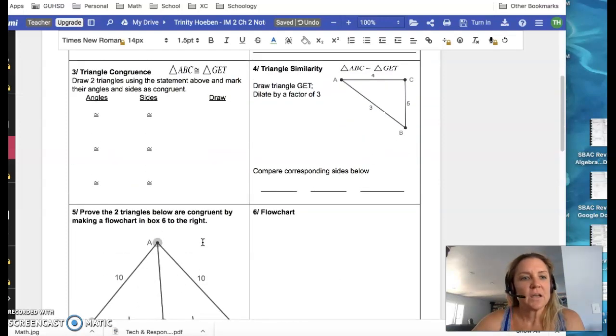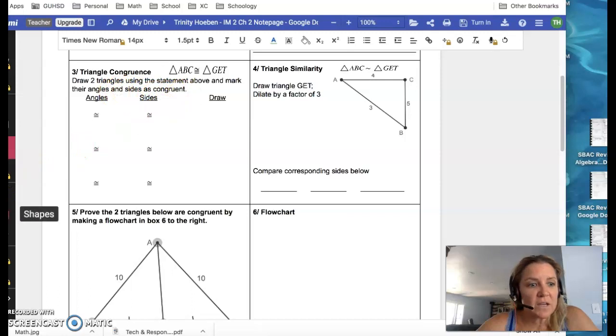Question number 3 says triangle congruence. Triangle ABC is congruent to triangle GET. They want us to draw two triangles using the statement above and mark their angles and sides as congruent.